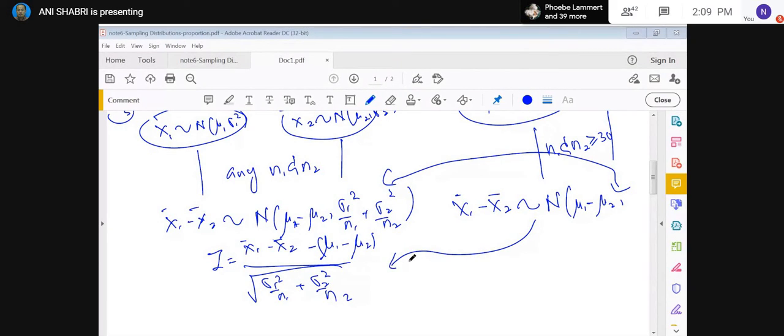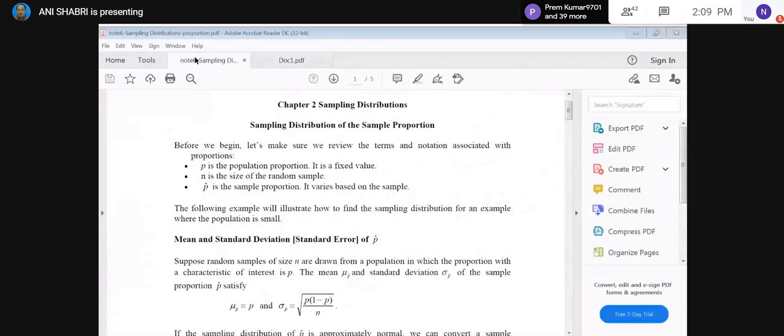Today we go to the formula for proportion. I give you the note. You can take the note.